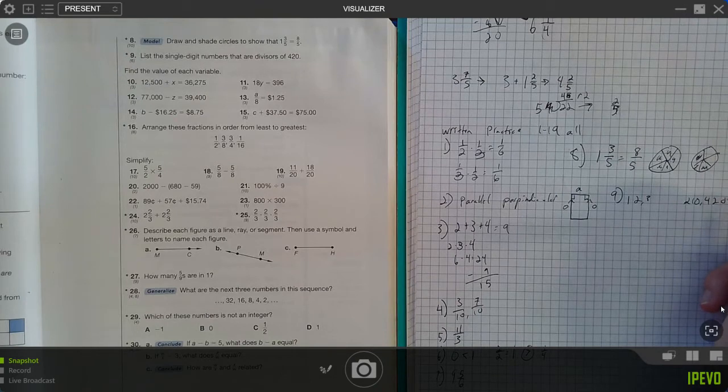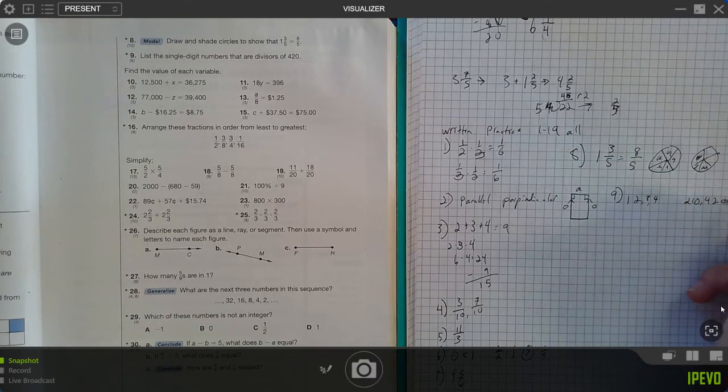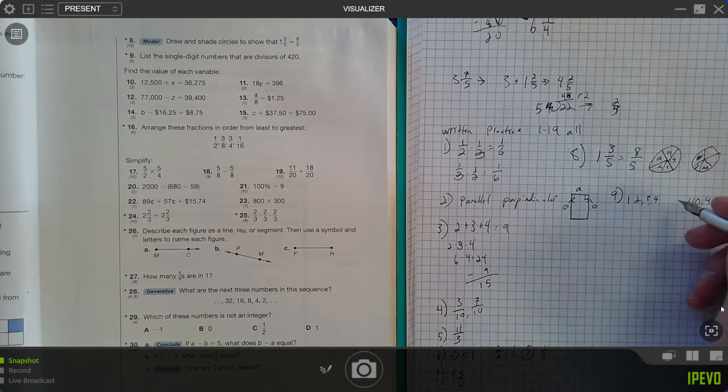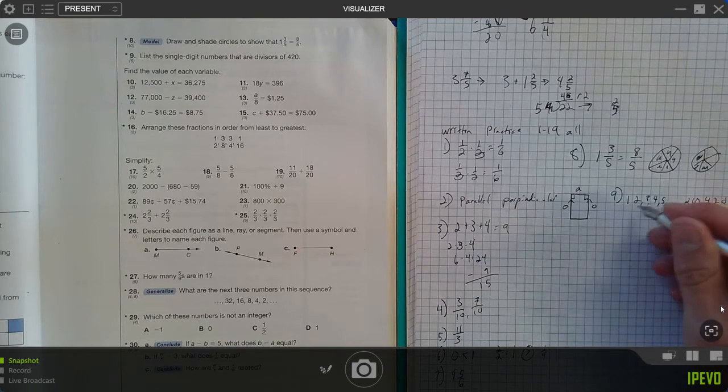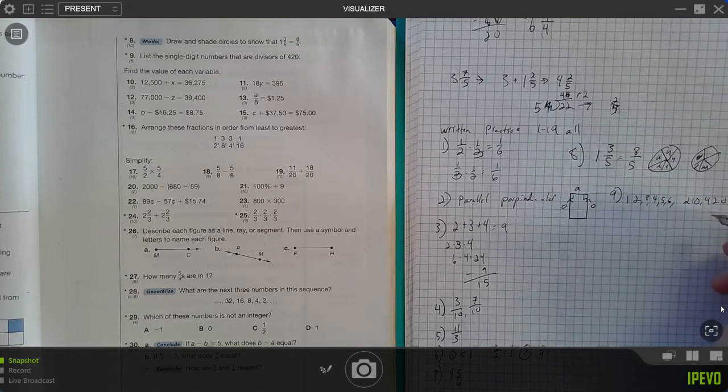420. I believe so because 4 goes into 20. Yeah, 4 definitely goes into it because that's 10. That's like times 105. 4 times 105 is 420. 5 absolutely goes into it. 6, if 2 and 3 go into it, 6 goes into it. 7, you actually have to do the math yourself for.